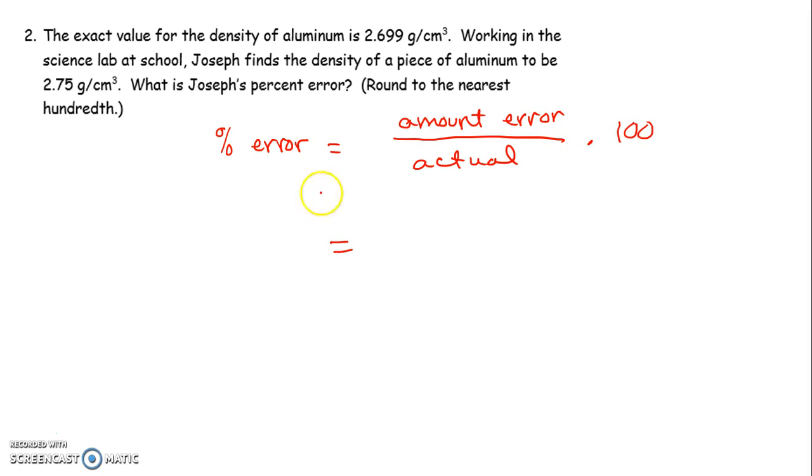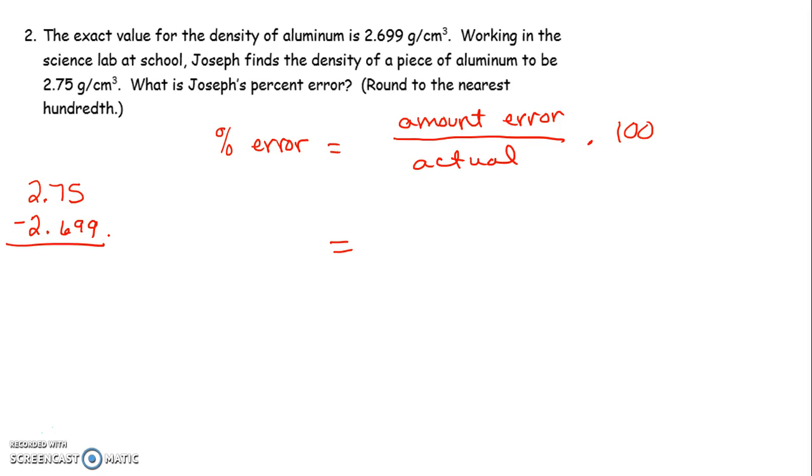All right, let's figure out the amount of error. So Joseph found the density to actually be a little bit higher than it should have been. So to find our amount of error, 2.75 minus 2.699. If you subtract and get a negative for your amount of error, that just means to take the absolute value. You want the absolute error.